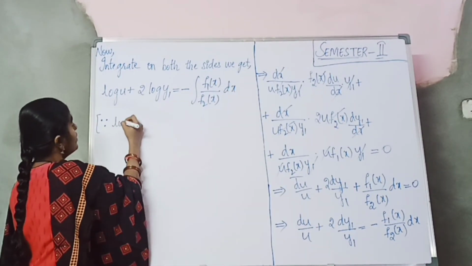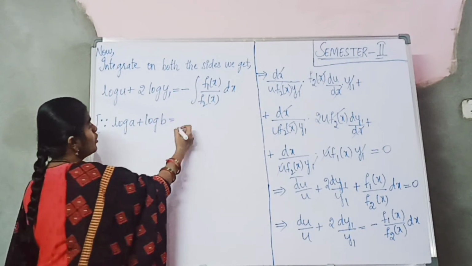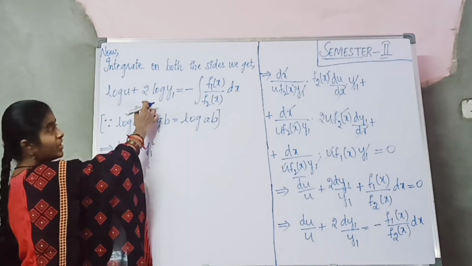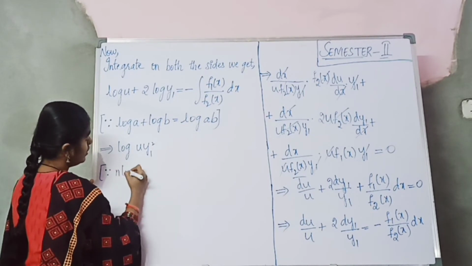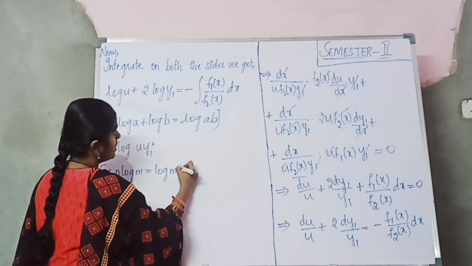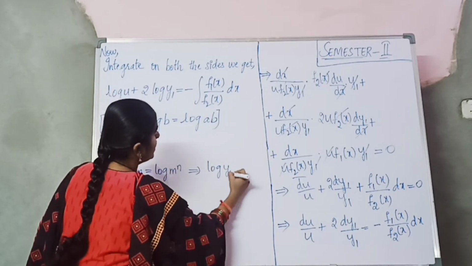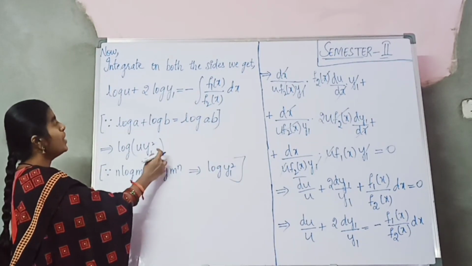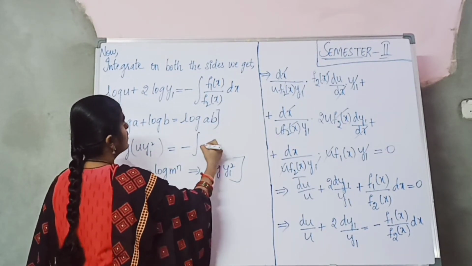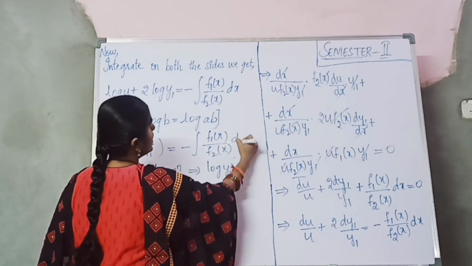Since it is in the form log a plus log b, it can be written as log ab. So log of u y1 square. The 2 log y1 is in the form n log m, which can be written as log m power n, so log y1 square. So log of u y1 square equals minus integral of f1(x) by f2(x) dx.